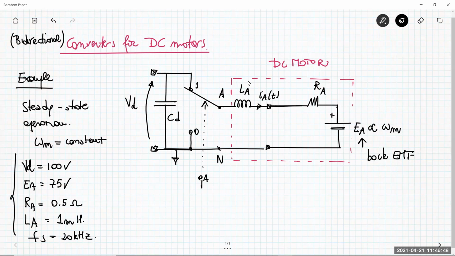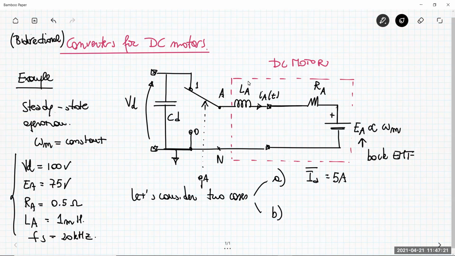Okay. So for that circuit, I would like to consider two different situations. So let's consider two cases. Let me call the first one A, that in which the average current flowing at the current port is positive with a value of 5 amp.